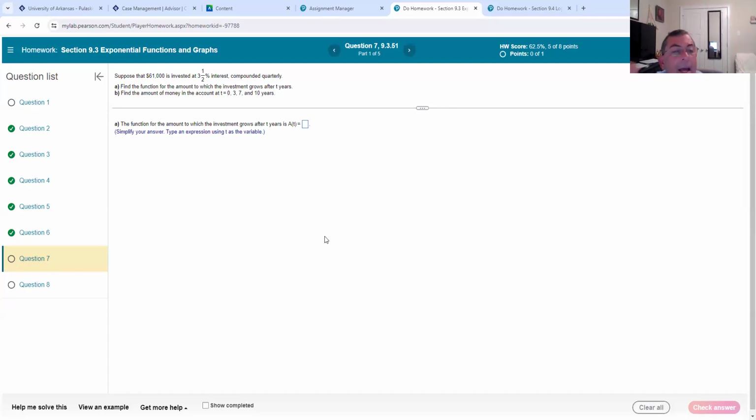So look what they want. They want me to find the function for the amount to which the investment grows after T years.